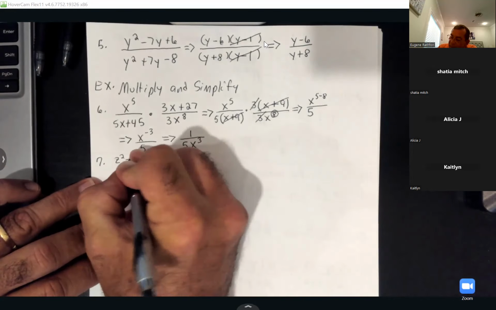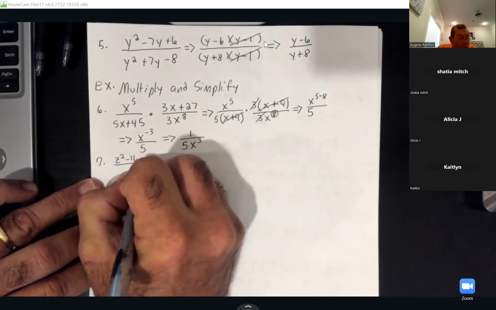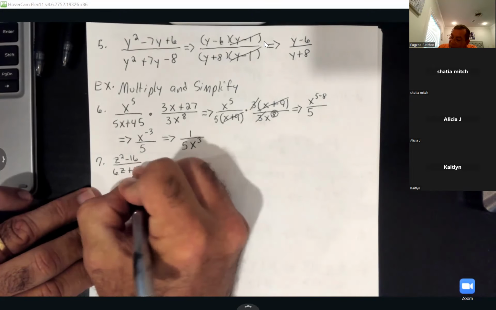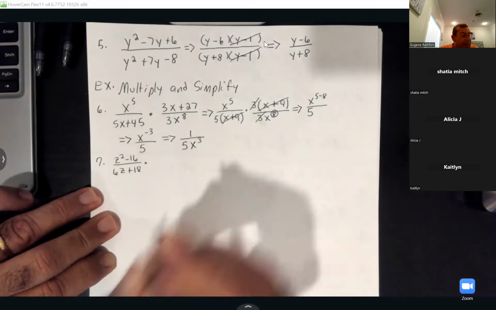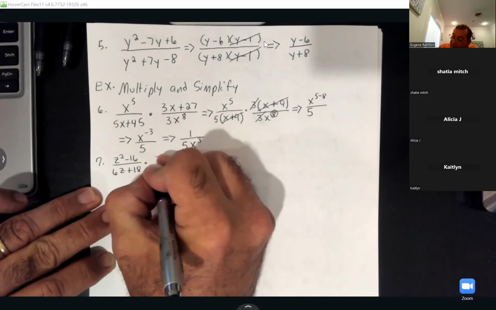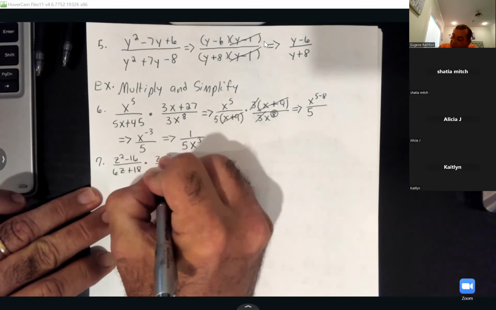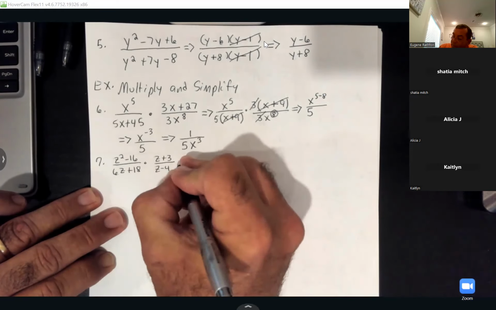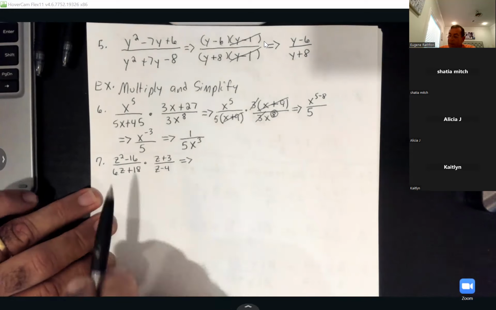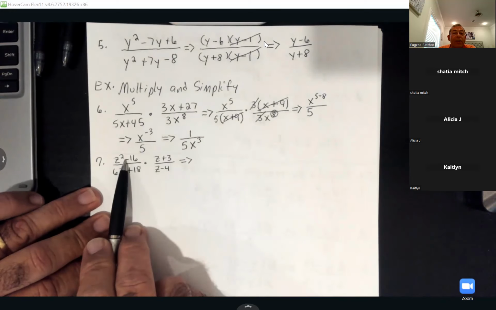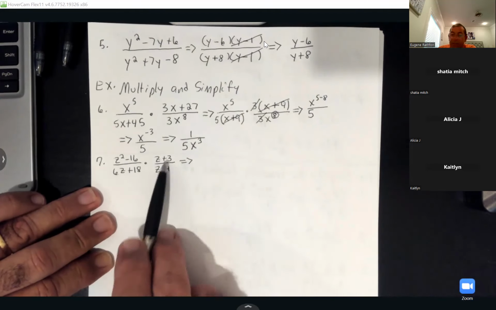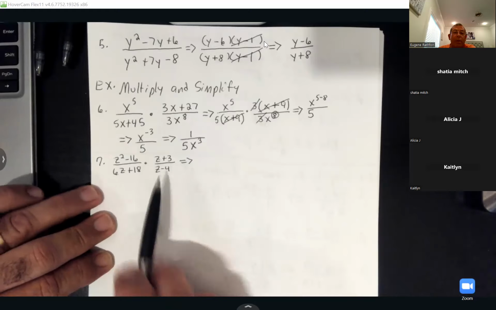Z squared minus 16 over 6z plus 18 times z plus 3 over z minus 4. So this one I'll factor into 2 parentheses. This one, I'm only going to factor out a GCF. And y'all, these two, I can't do anything with at the moment.